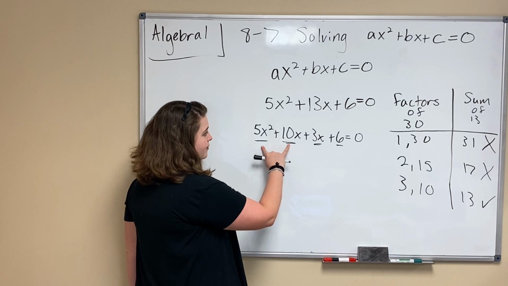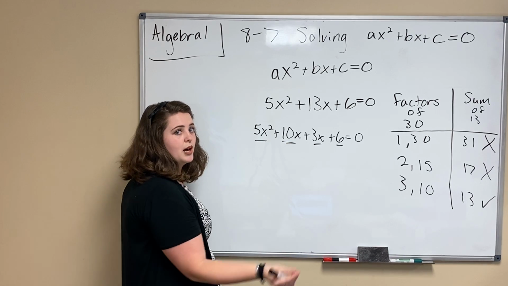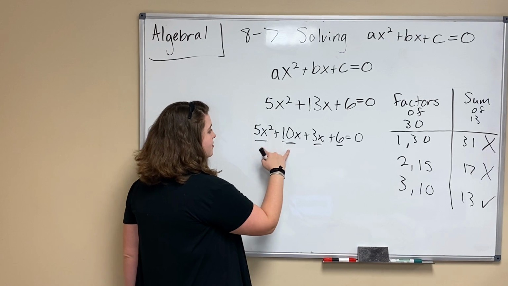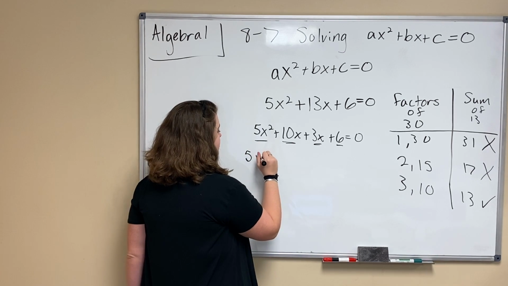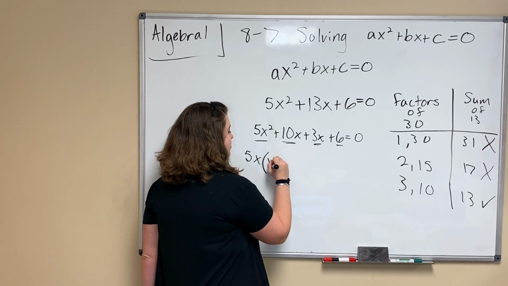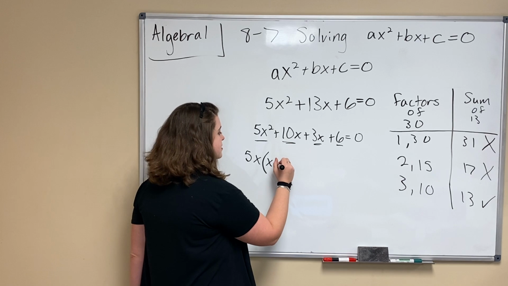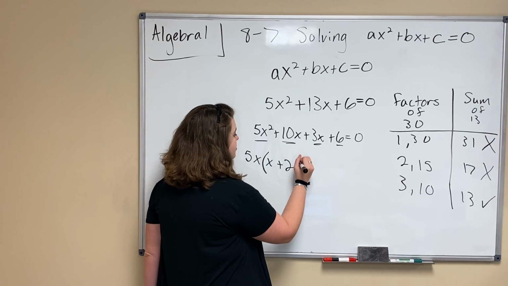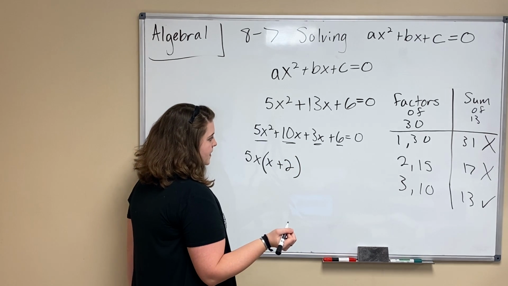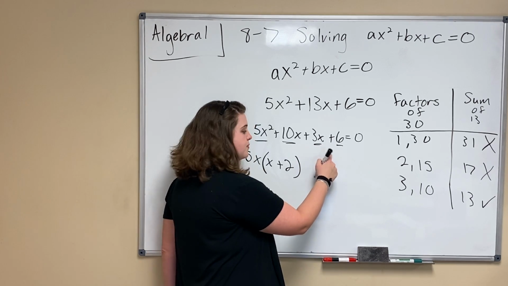So looking at 5x squared and 10x, the common factor that I can pull out of both of those is going to be 5x. When I take 5x out of 5x squared, all I'm going to have left is x. If I take 5x out of 10x, I'm going to get 2. Now I'm going to go plus 3, because 3 is the greatest common factor of these.